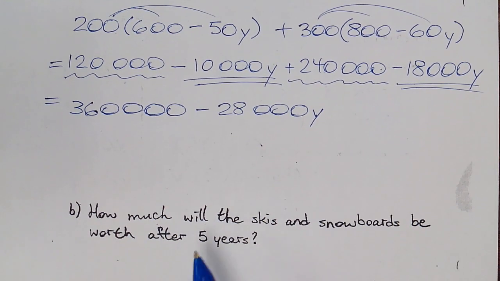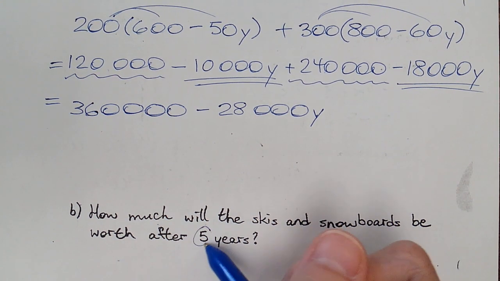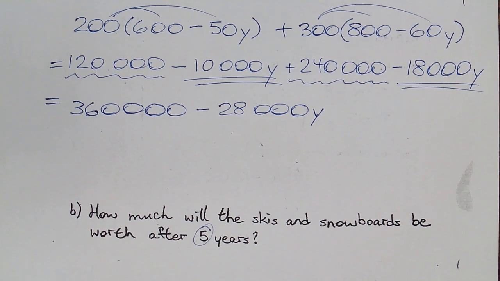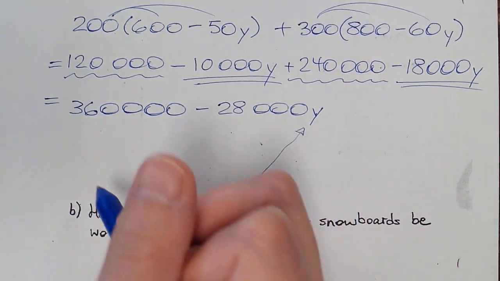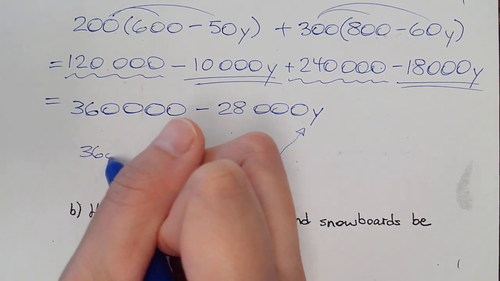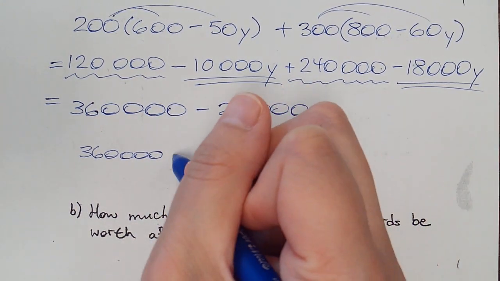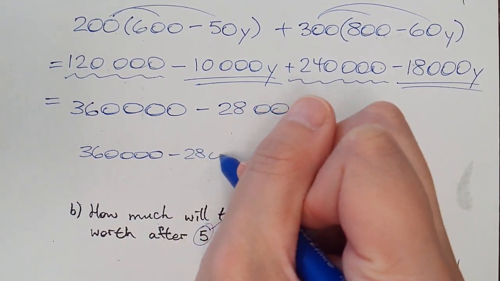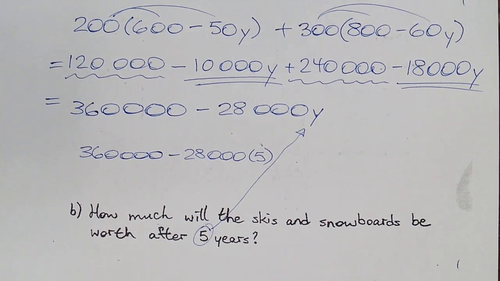How much will the skis and snowboards be worth after 5 years? Where do I put this 5? For the y. Substitute it in here. So 360,000 take away 28,000 times y.